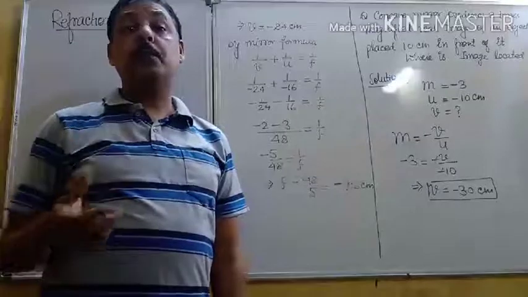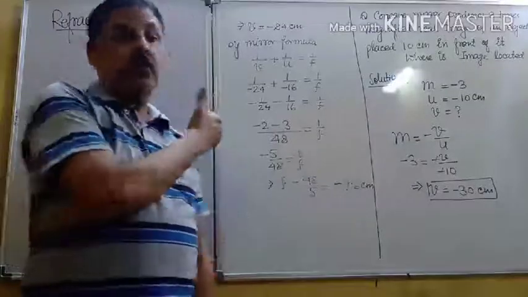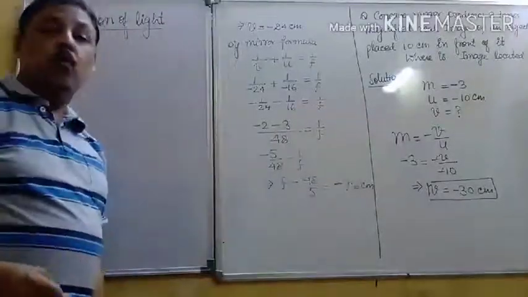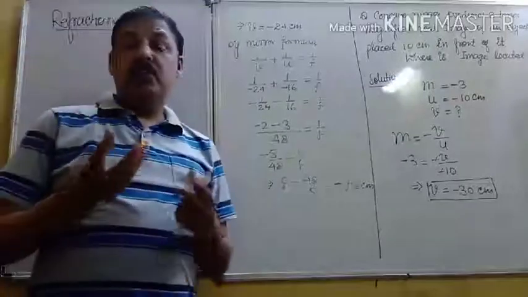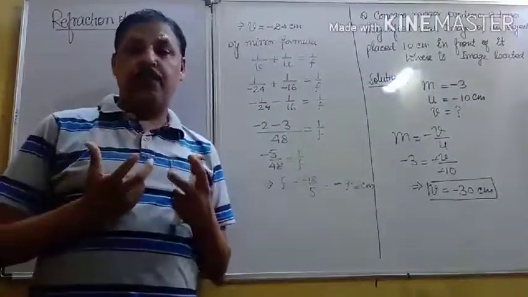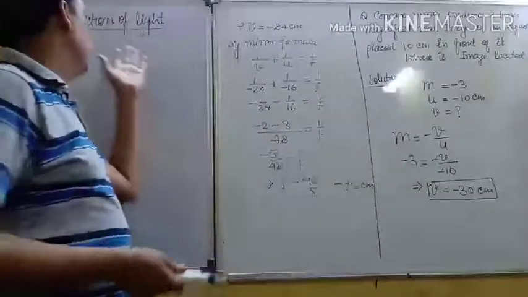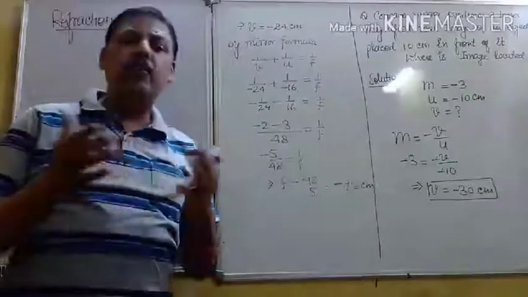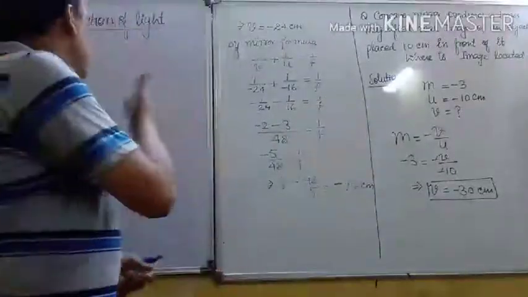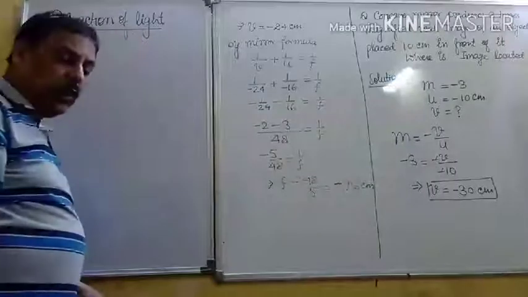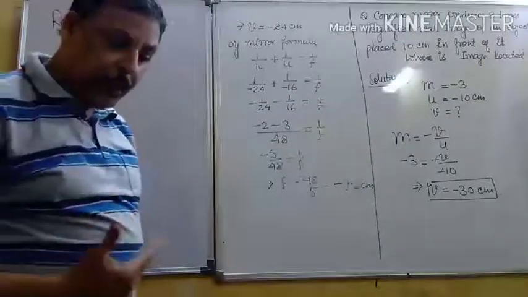This is called mirage. We can also explain this by refraction. Why does diamond shine so beautifully? This is also explained by refraction. So there are several phenomena where physics plays an important role.